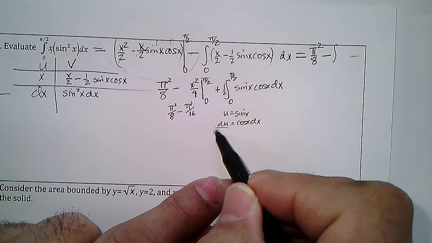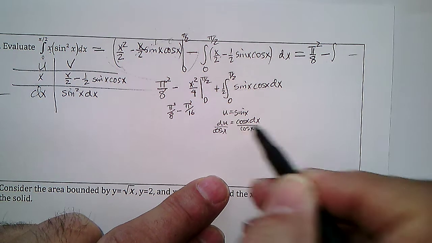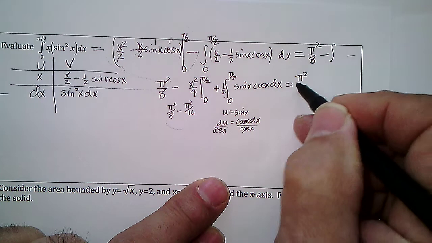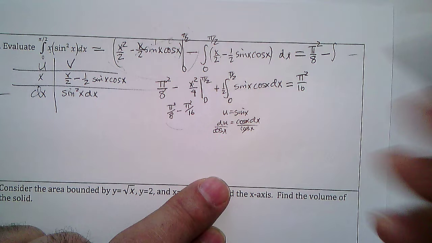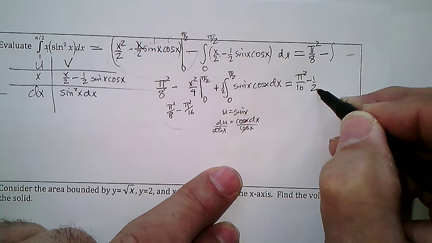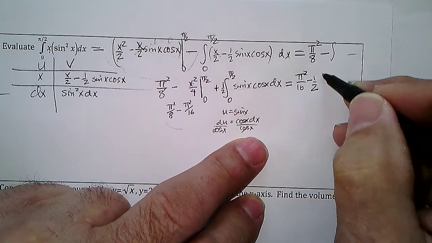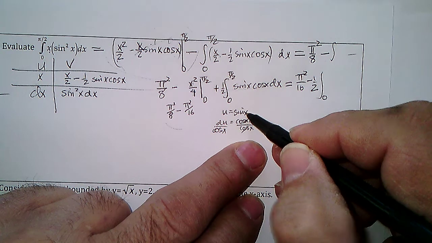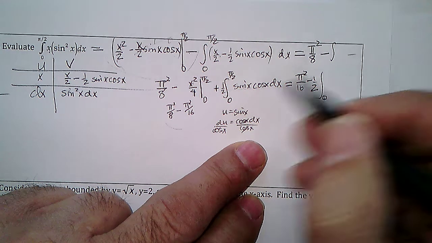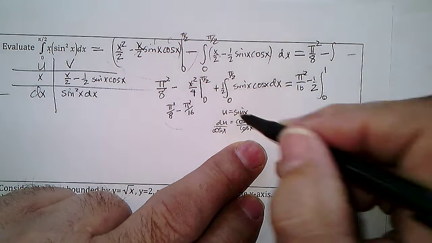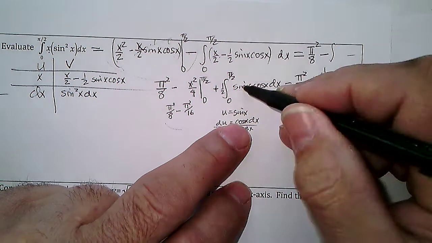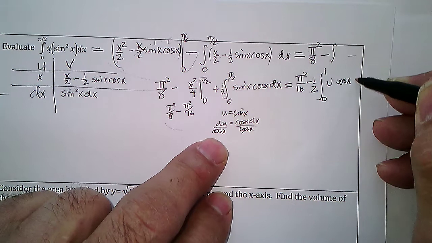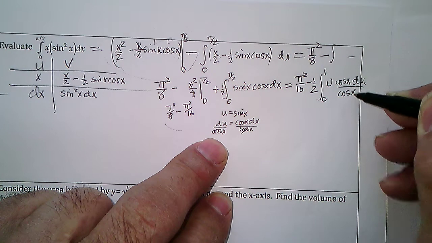And dividing by cosine x, I get this, which is pi squared over 16, because an eighth minus a 16th is a 16th, minus 1/2 of the integral from 0 to, changing it here, so sine of 0 is 0, so it's still 0, and pi over 2, so you would be 1, because sine of pi over 2 is 1, of, in place of the sine, I have u, and then I have cosine x, and then the dx is du over cosine x.